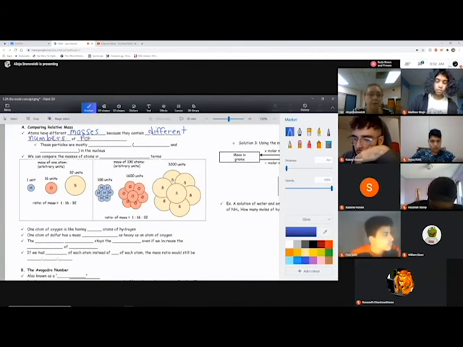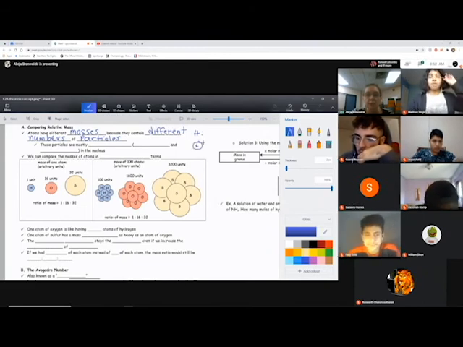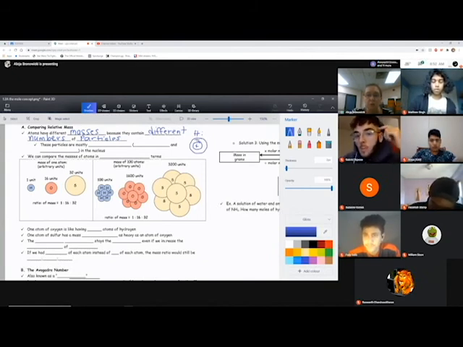of particles. Okay, so for example, for hydrogen, I have a single proton in my nucleus with an electron.